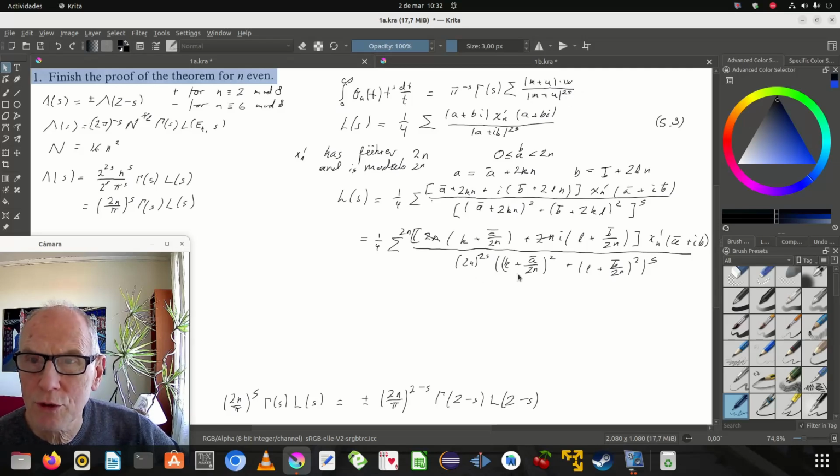So this should be equal to this, and this should for each a and b be equal to this. So we split up the sum.